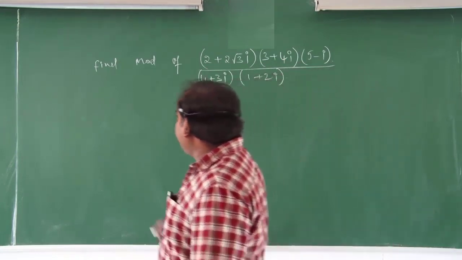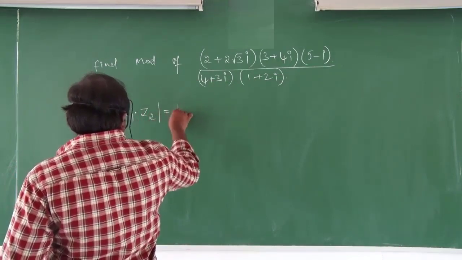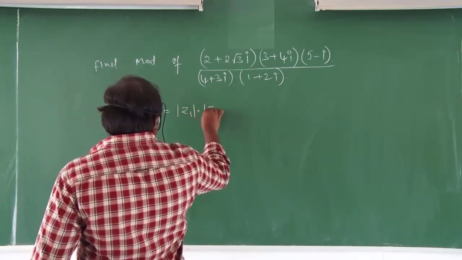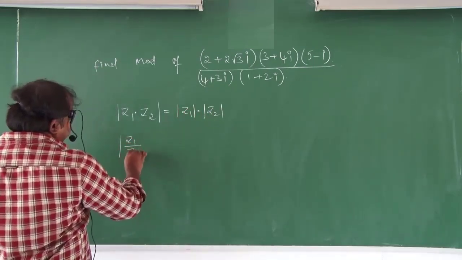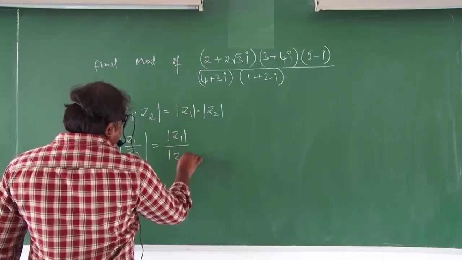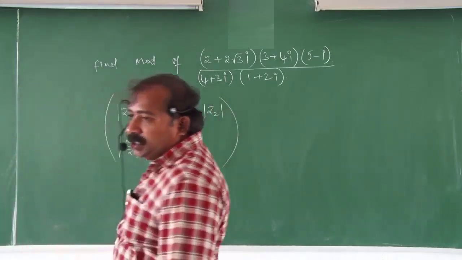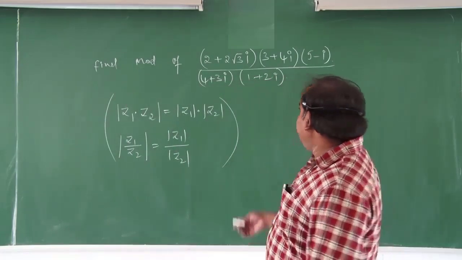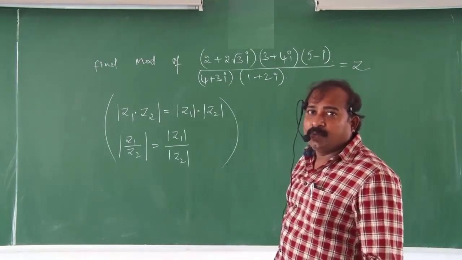Simple logic. What is the modulus of z1 into z2 formula? Mod z1 into mod z2, na? That's it. What is the formula for modulus of z1 by z2? Mod z1 by mod z2. With the help of these two formulae, you can simplify. Let this value be z only, for which they are asking the modulus.